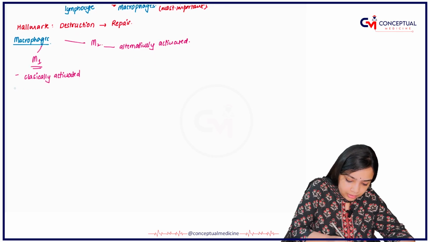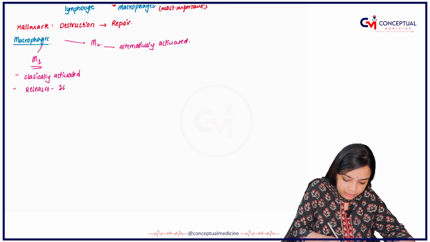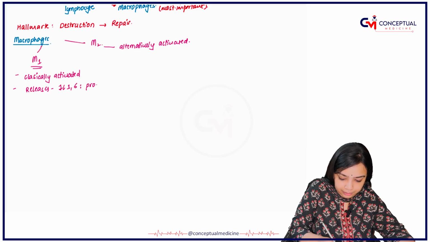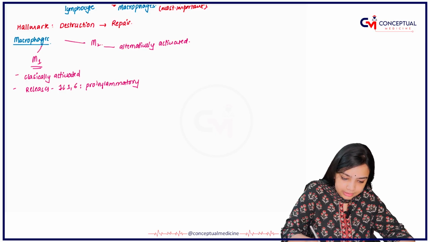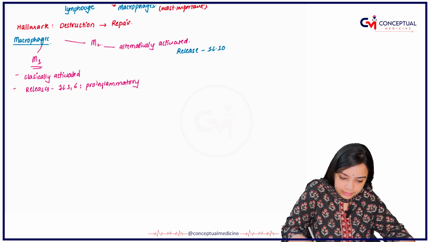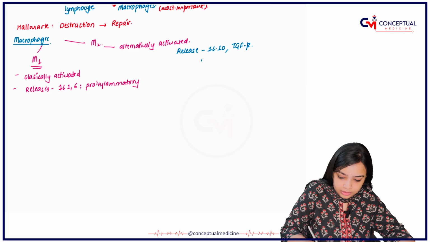M1 releases interleukin 1 and 6. They are pro-inflammatory. Whereas on the other hand, M2 releases interleukin 10 and TGF-beta. They are anti-inflammatory.